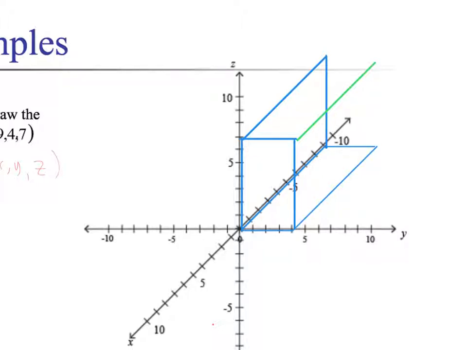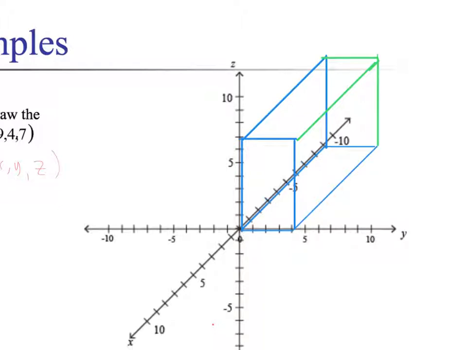We'll draw one parallel to the y-axis, and parallel to the z-axis, like so. And then you can see hopefully all your lines connect nicely at a point so that you can get a good idea of that 3-dimensional rectangular prism.